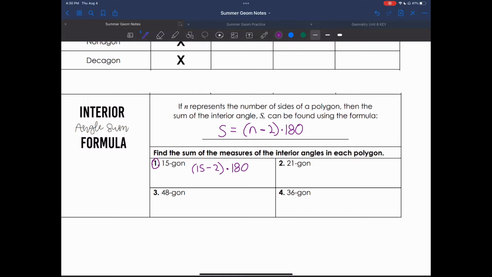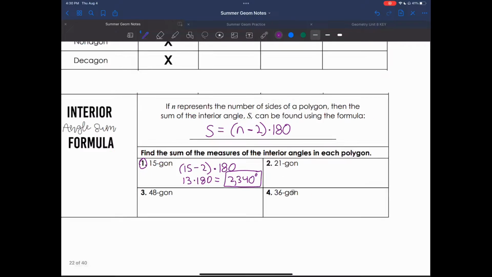For calculator work, you could type it in just like that. Make sure you put parentheses around it if you do, or just shorten it to 13 times 180. And it looks like we're going to get 2,340, and I would make sure you put the degree symbol there. So that would be the sum total degrees of the interior angles of a 15-gon. So maybe pause it and try the others.